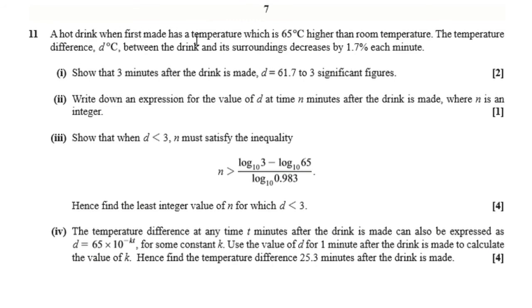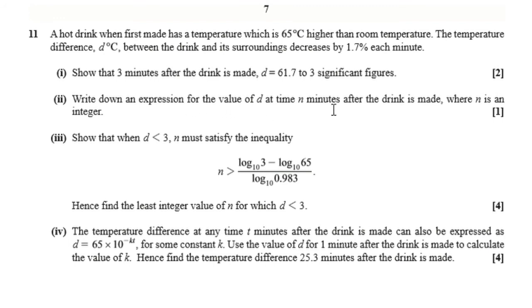So a hot drink, when first made, is 65 degrees higher than the room temperature. The temperature difference is D, and D decreases by 1.7% each minute, and show that after 3 minutes D equals to this, to 3SF.